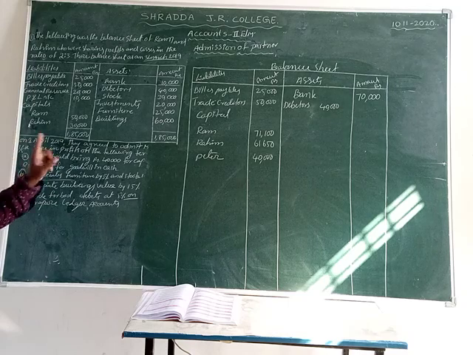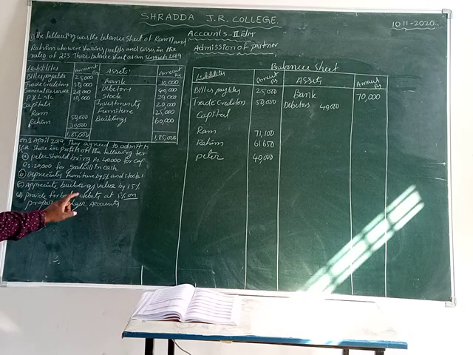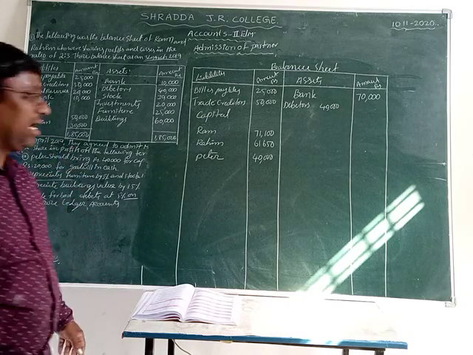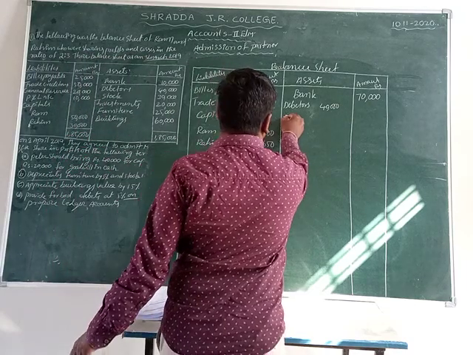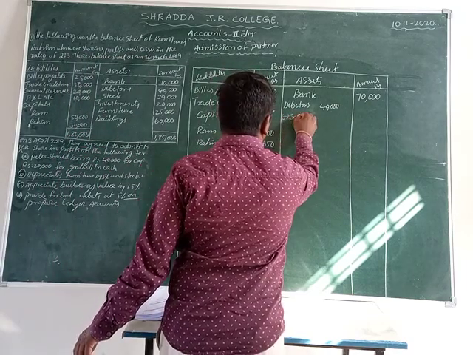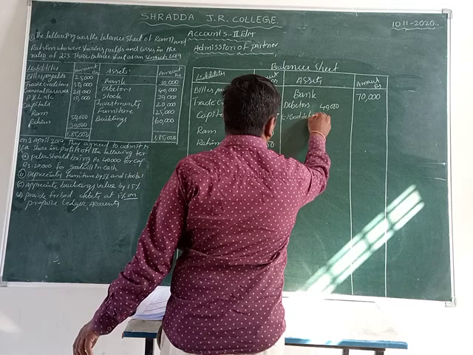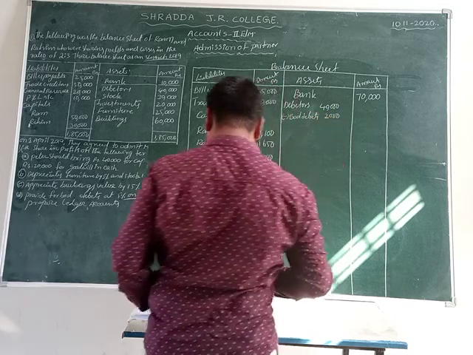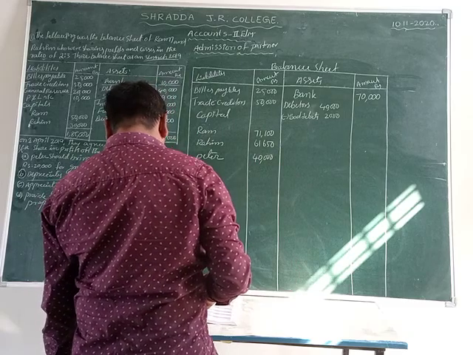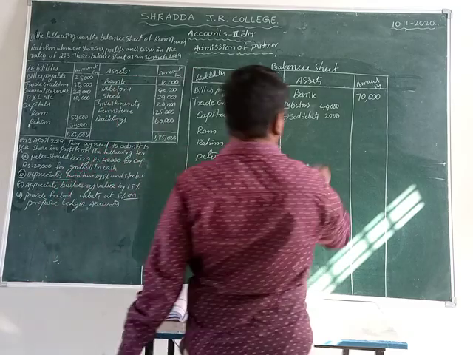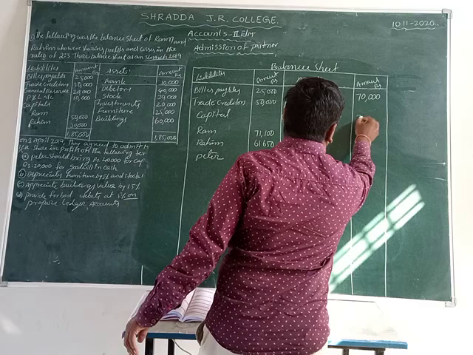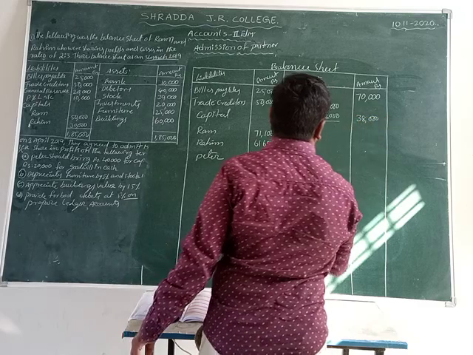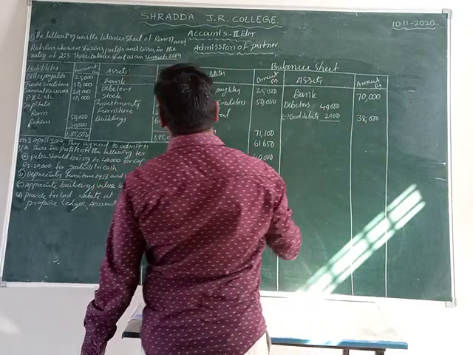That's why one time we take into the revaluation account, and the remaining one time we take to the balance sheet as minus bad debts. The bad debts value is 2,000 rupees. The remaining value is how much? 38,000 rupees.